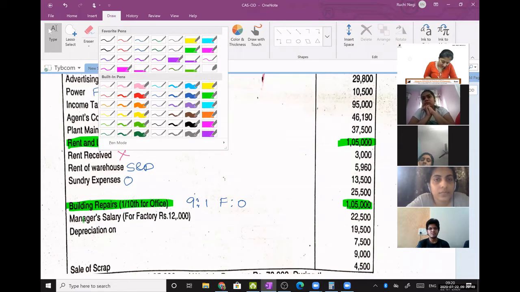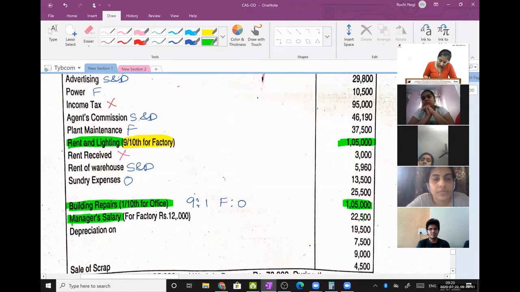Okay, fine. Manager's salary is how much? 22,500, and they are saying for factory 12,000. So where will the balance go and how much balance will go? 22,500 is the total manager's salary. 12,000 they are saying it will go to factory. So how much balance will go where? Great.